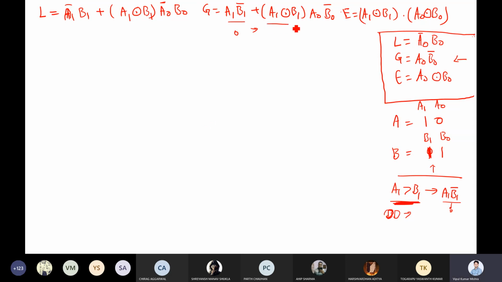If it says yes, they are equal, then in the next step we will check whether A0 is greater than B0 or not. If yes, then A is greater than B. If no, then A is not greater than B.